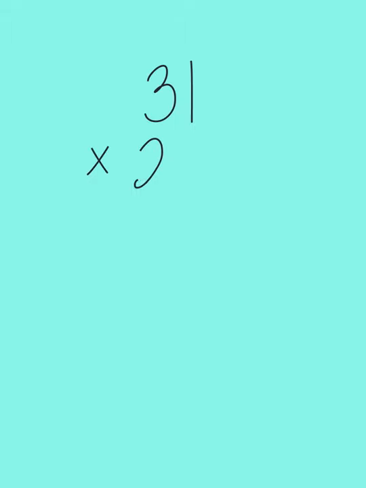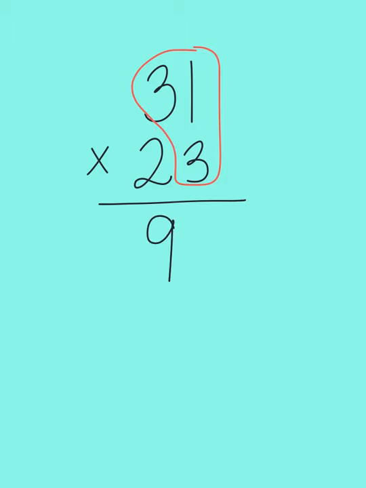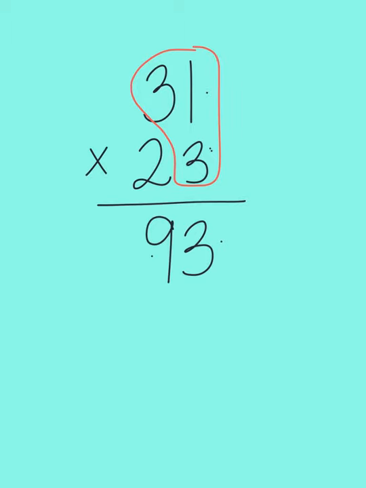Let's do one more together. 31 times 23. All right, first I'm going to multiply together 31 times 3. Now I know right away that that is 93. But if I wanted to go step by step, I could say 3 times 1 is 3. 3 times 3 is 9.